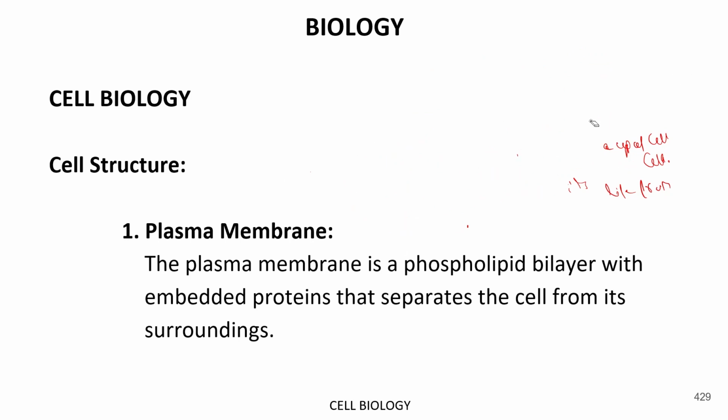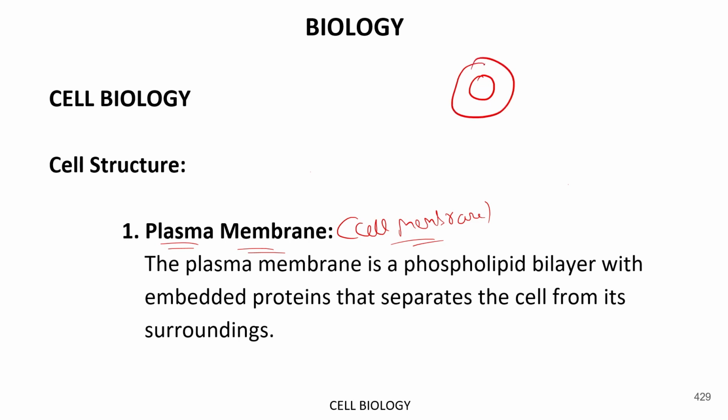Got it? Now let's discuss some parts of the cell. Okay, so first is the plasma membrane, which is also known as the cell membrane. Okay, so basically if it is a cell, then the plasma membrane is the outer layer of the cell.